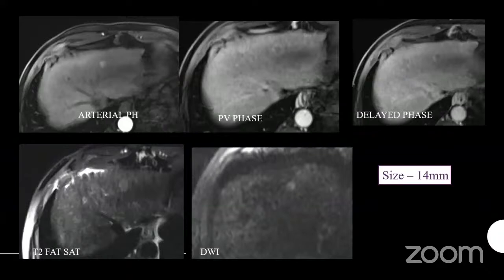What do you think it is? Give your diagnosis on the screen. And one quick hint, give a LI-RADS category to this lesion. Like we gave the O-RADS category, give a LI-RADS category to this lesion.